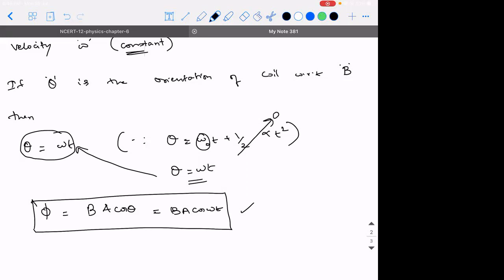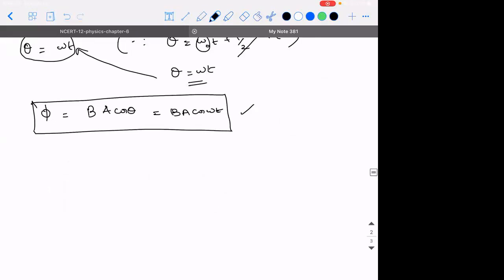Am I clear, guys, till this point? Yes, sir. Right? Now see, what did Faraday tell? He told EMF is equal to minus d phi by dt. Had I taken the coil to have n number of turns, I will call this n.